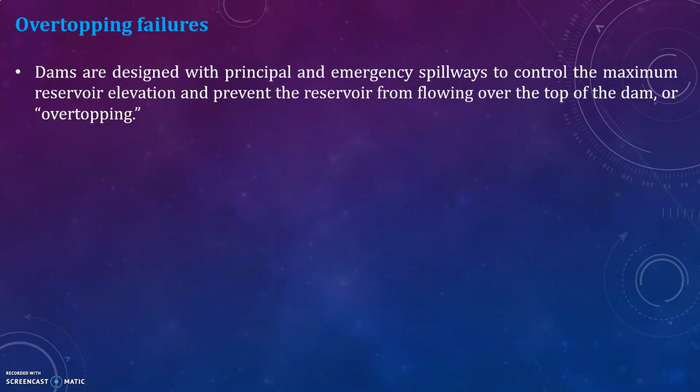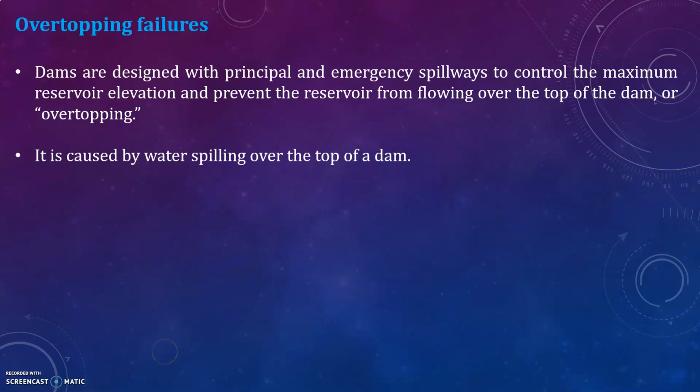Next one is overtopping failure. Dams are designed with principal and emergency spillways to control the maximum reservoir elevation and prevent the reservoir from flowing over the top of the dam, or overtopping. So it is nothing but water flowing over the top of the dam. That is overtopping failure. Already I discussed this, mainly due to heavy floods.